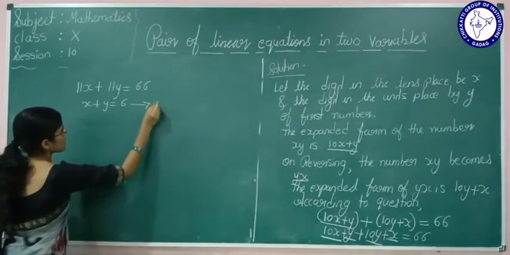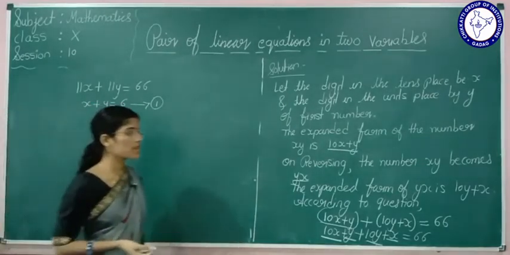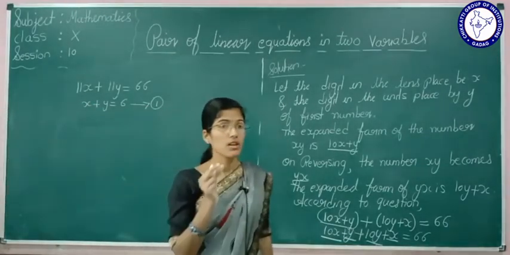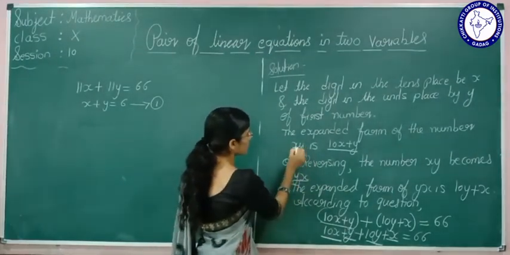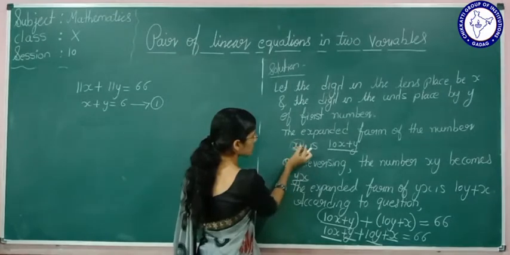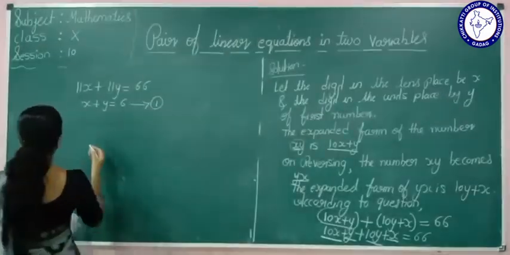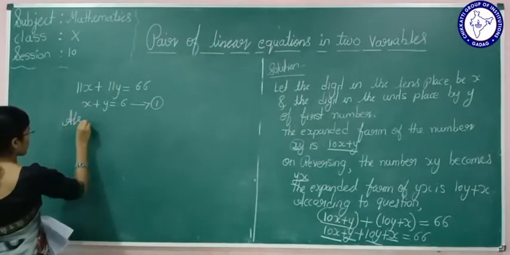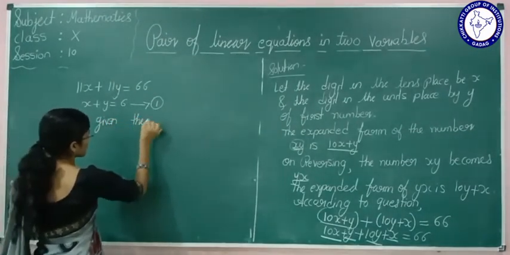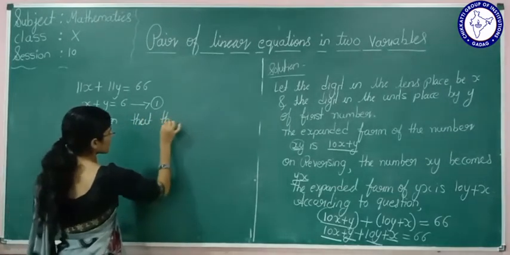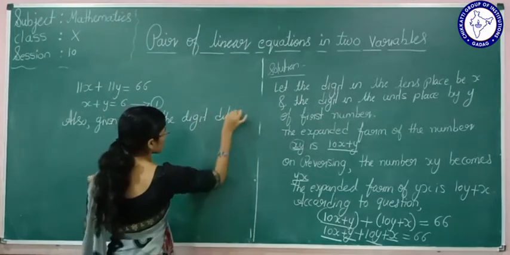Call it equation number 1. Again, what is the given condition? The difference of these numbers is nothing but 2. Yes, it is also given that the digits differ by 2.